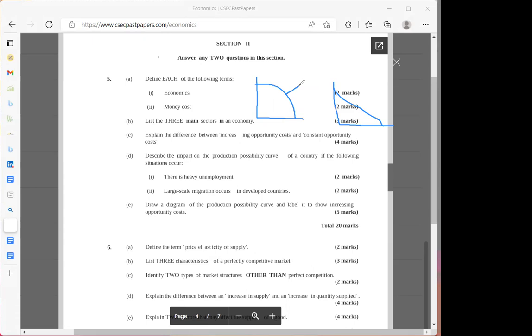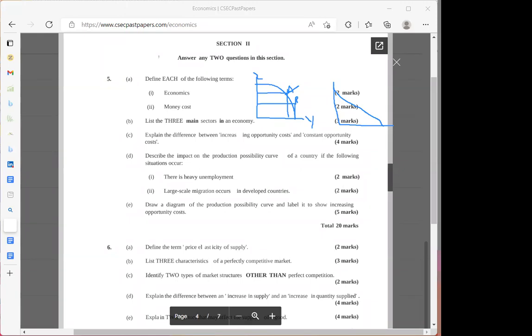So let me hear what else you can say. Right, and additionally, you might have to show some points, right? And just label this good A, or point A and B, good X and Y. Given the context of this question, I don't think they would ask for it, but it's good to know your points, right?